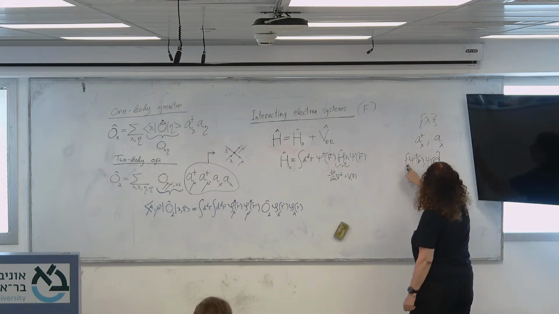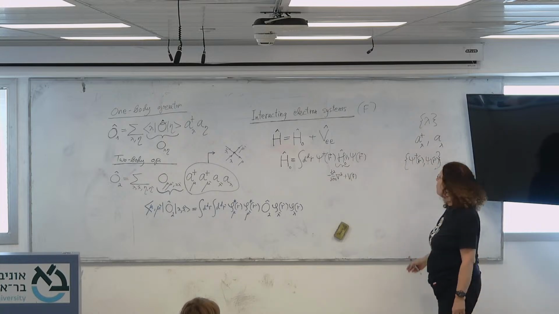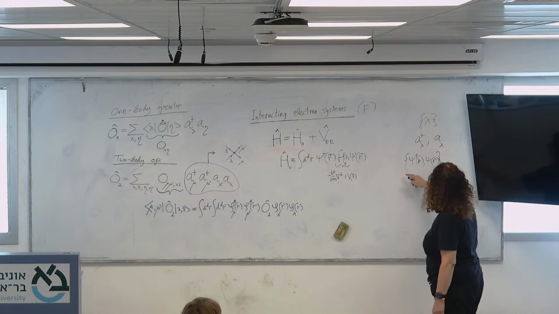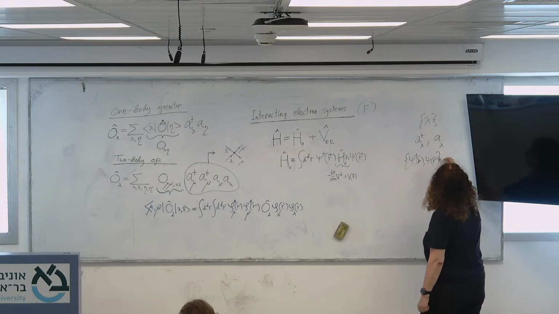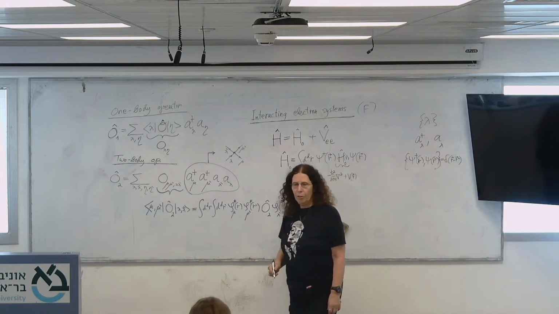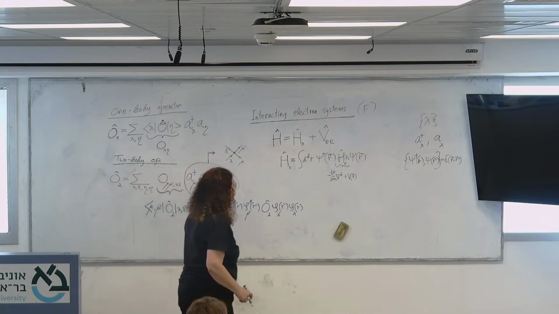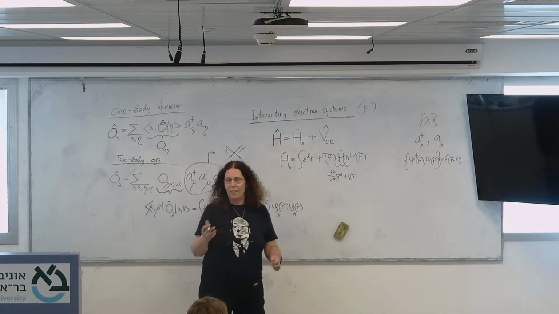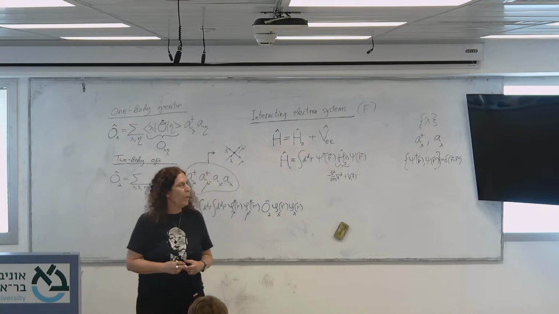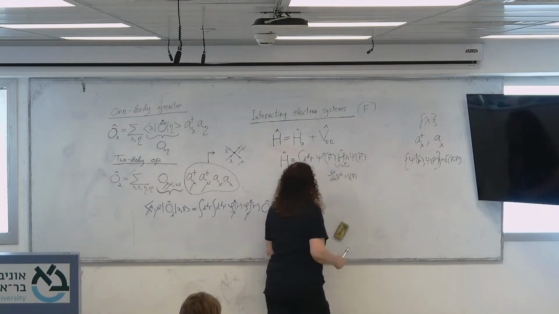And if I'm looking at fermions, and remember here we're talking about electrons, so psi and psi dagger create and annihilate electrons, their anticommutator is a Dirac delta and not a Kronecker delta. Okay, but otherwise they have the same meaning as a and a dagger.